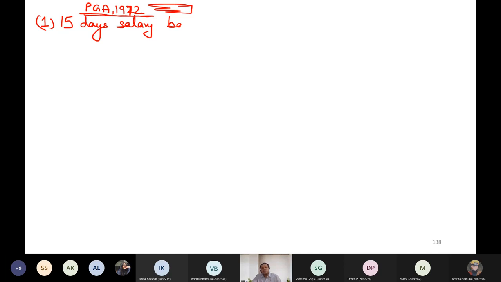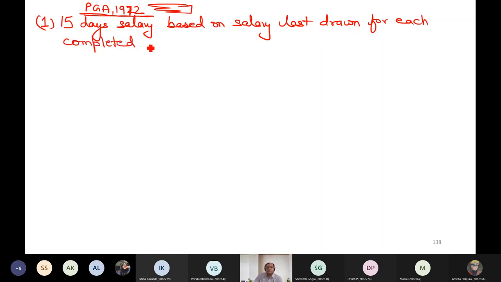This Gratuity Act simply tells you in which organization it is applicable, what is the procedure, etc. That's it. 15 days salary based on salary last drawn for each completed year of service in excess of 6 months. This is my first point, that compute 15 days salary.